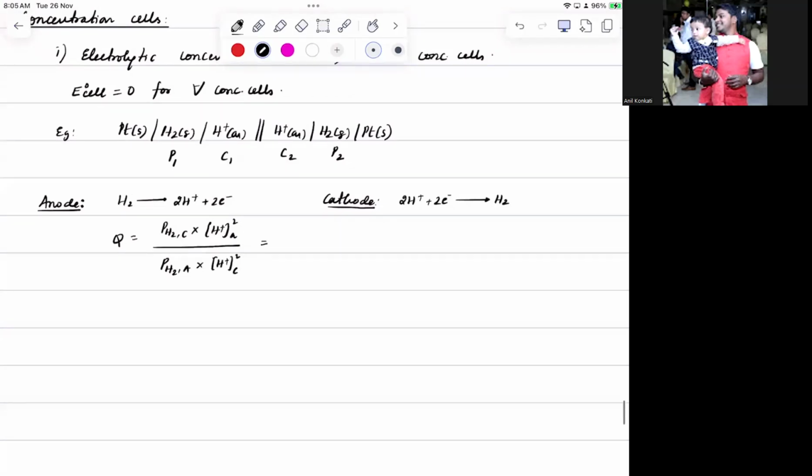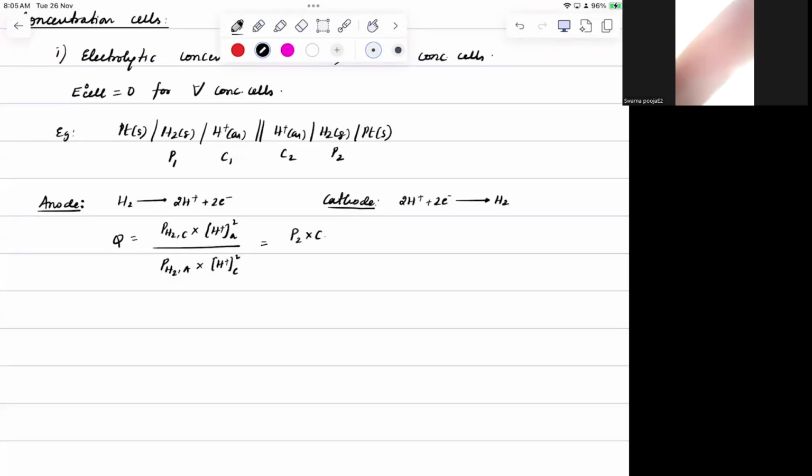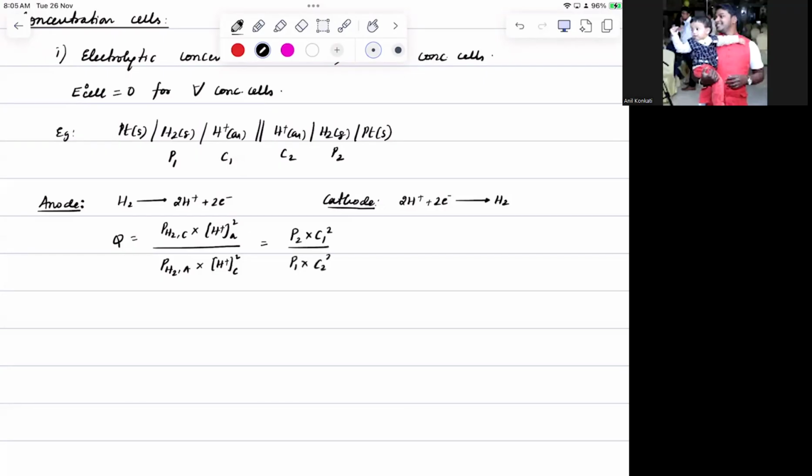That is equal to P2 into C1 square by P1 into C2 square. So that's how you relate with Q. Got it?